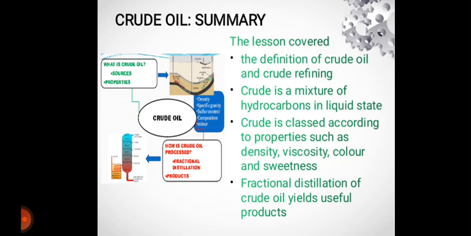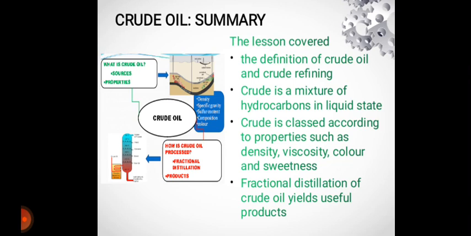The vapor rises up the column where the various components separate out based on temperature difference, with the lightest products being collected at the top and the heaviest products being collected at the bottom. These products are still further processed into more useful products.